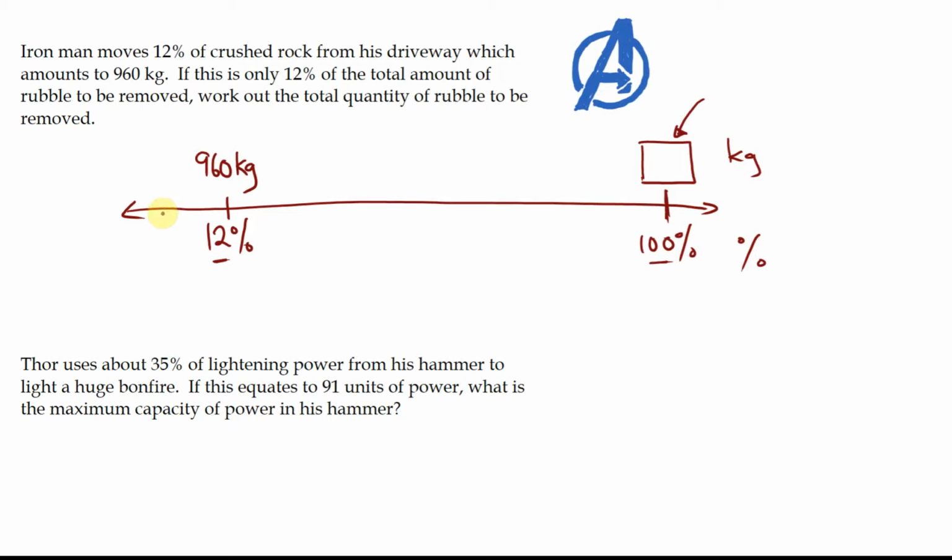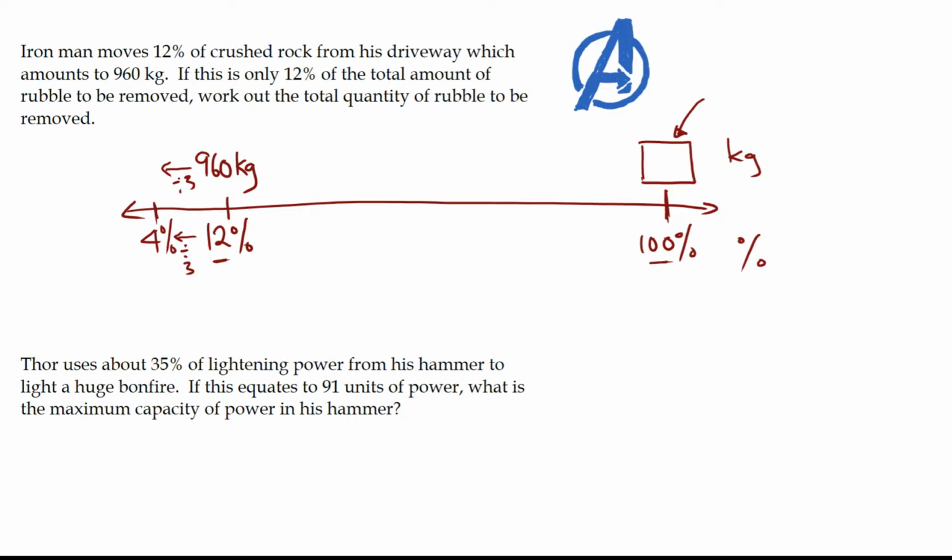But I know that if I could somehow find 4%, then multiplying by 25 will give me 100%. I can easily go from 12% to 4% by dividing by 3. So I need to do the same to this 960 kgs. So divide by 3.